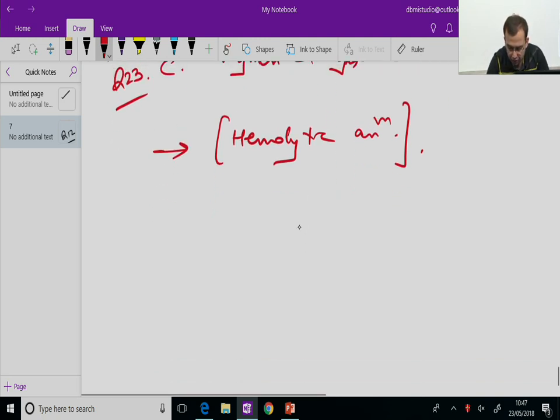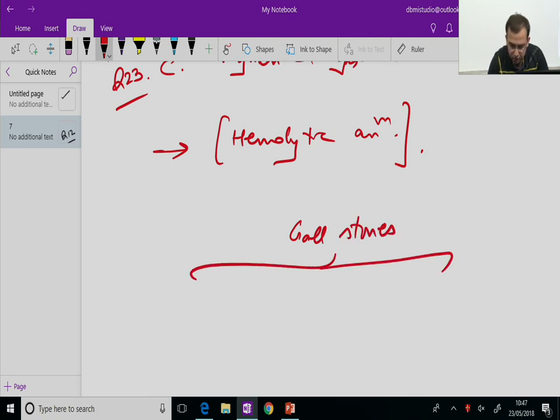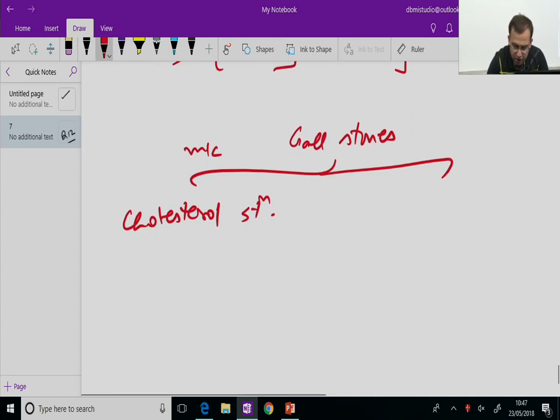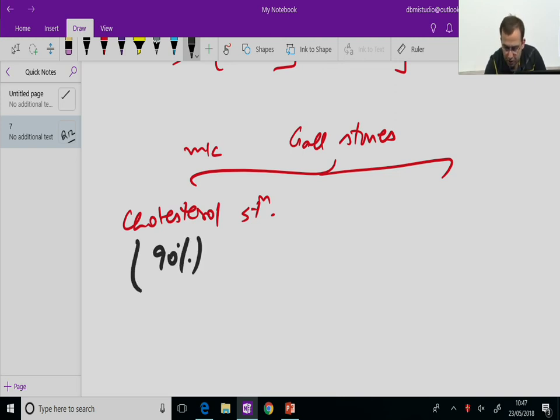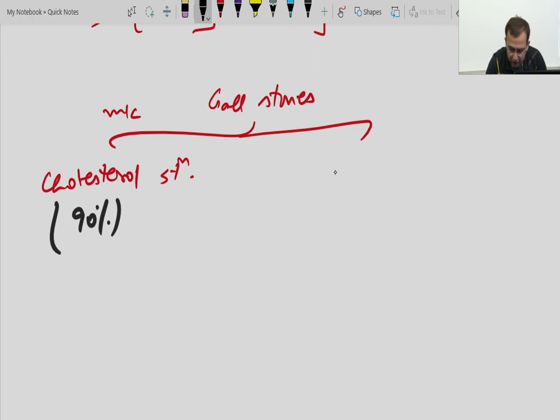Gallstones, you very well know, are of two types. Most common are the cholesterol stones. Most common, what percentage? Approximately 90% are the cholesterol stones, whereas others are the pigment gallstones.